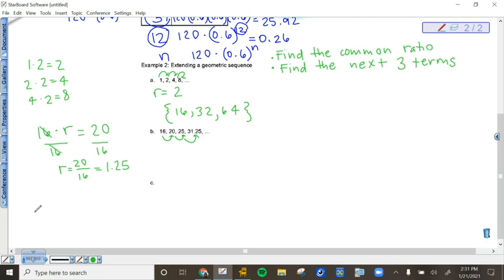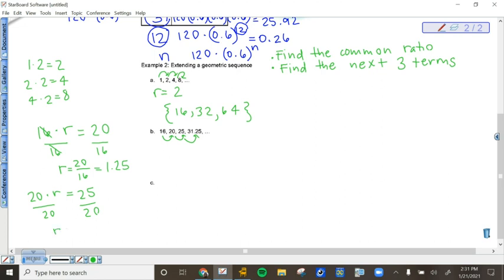Let's try the next one. So if I want to do 20 times R, that should equal 25. How do I solve for R? What do I need to do to solve for R? Yeah, divide by 20.